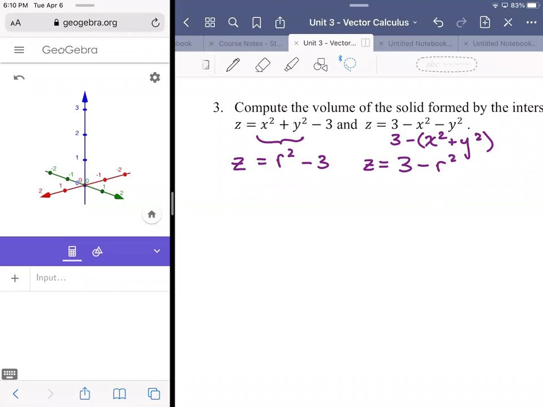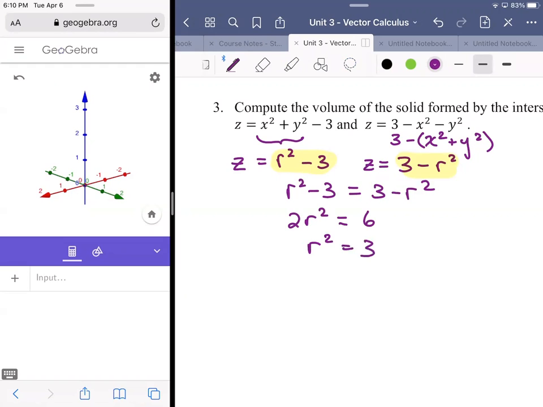So I have two equations, two variables. I could find the intersection of these two in terms of r, because if they're both equal to z, we can set them equal to each other and say that r squared minus 3 is equal to 3 minus r squared, which would give us 2r squared, if I add r squared to both sides, is equal to 6, making r squared equal to 3.